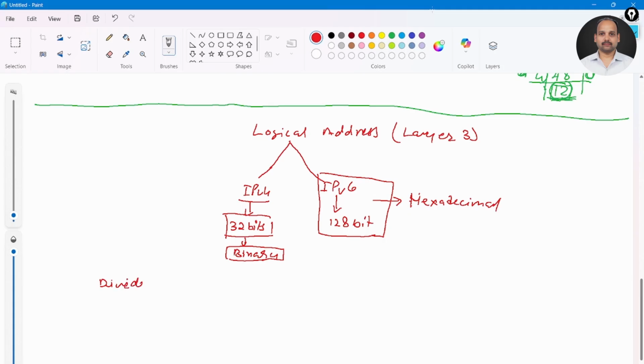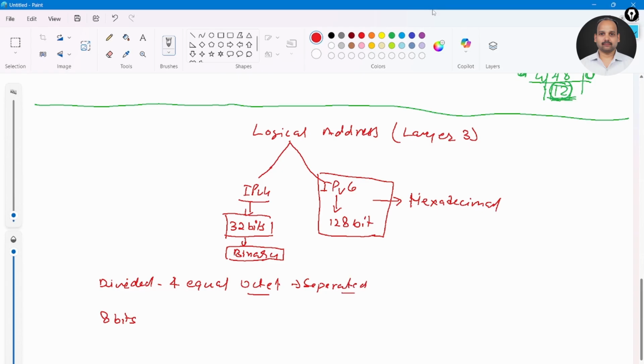IP version 4 is divided into 4 equal octets. Every octet uses 8 bits, and they are separated by dots. This is the standard.